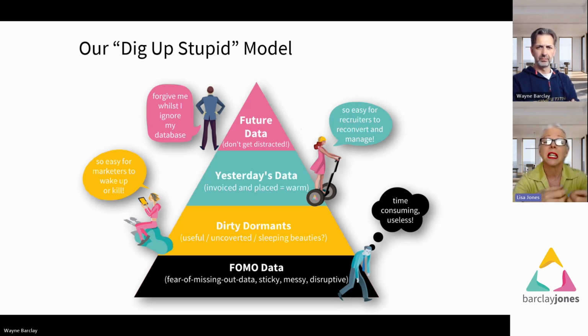And as automators and leaders, your job is to get into that black and yellow space and sort it out, to negate the need potentially to go outside the database, and to focus your recruiters on that green area with automation. And that's a lot of what Wayne is going to be talking about as well today. So this is my Dig Up Stupid model. Cool.